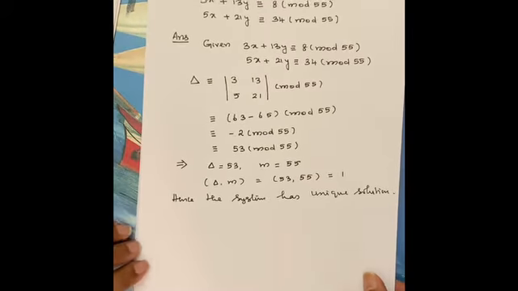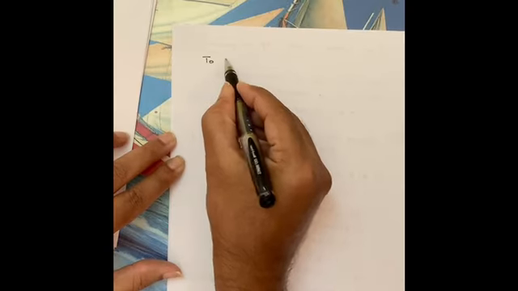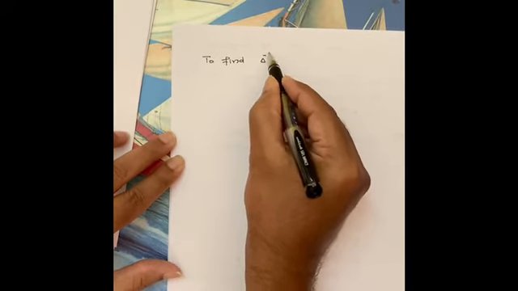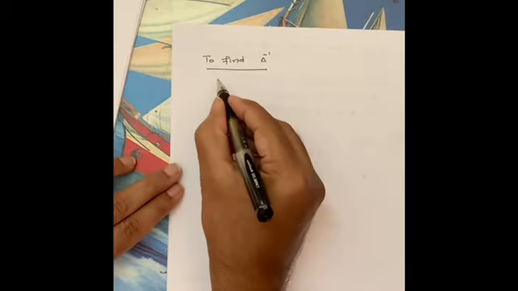Now, we are finding delta power minus 1, delta inverse. So the second step, we are finding delta inverse. To find delta power minus 1, what is the rule we have?